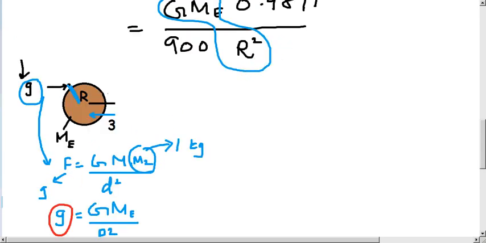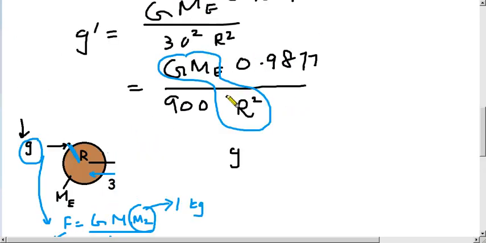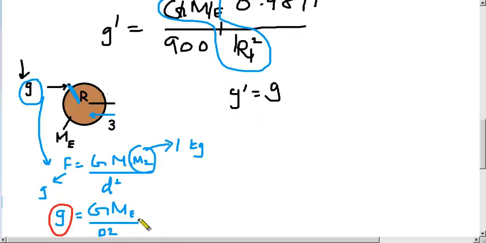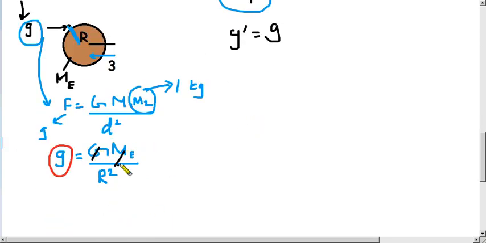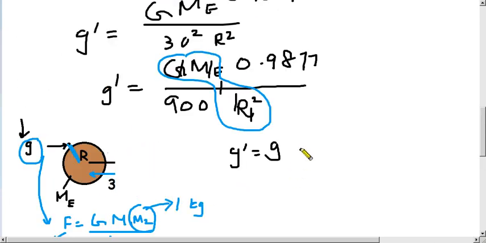Then we write g dash equals g for this total thing, because it is equal to g, times 0.9877 divided by 900.